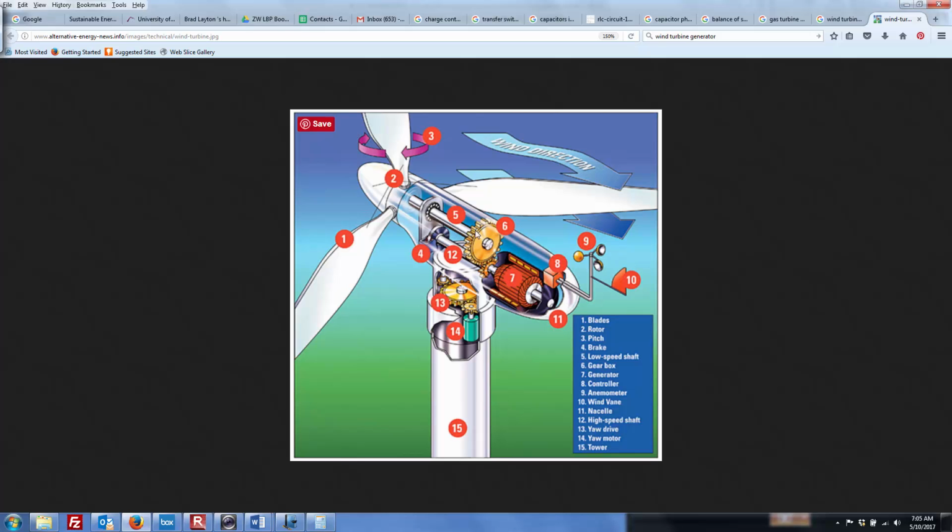The mechanical energy comes in here, the generator spins, and out goes the electricity. They don't show a good shot of it, but sure enough, down this tower, which we can see is 15, the electricity flows down out of the generator.